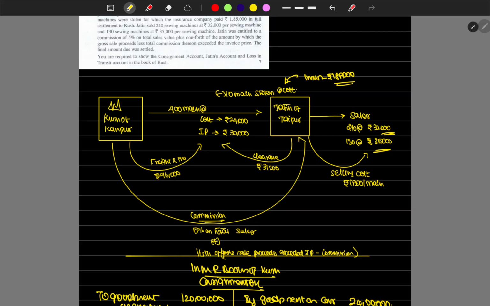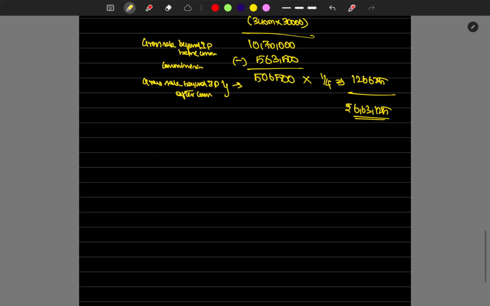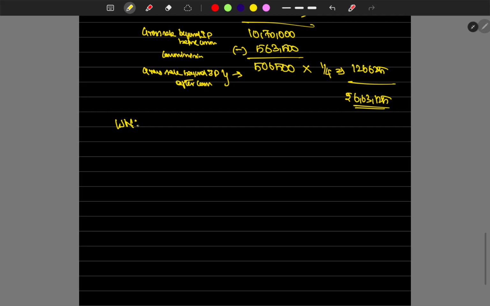The last one which is left out is closing stock. Closing stock we have to find out. Okay, 400 machines sent on consignment, 10 machines were lost, and 340 machines were sold. Then only 50 machines are left, costing rupees 12 lakhs.